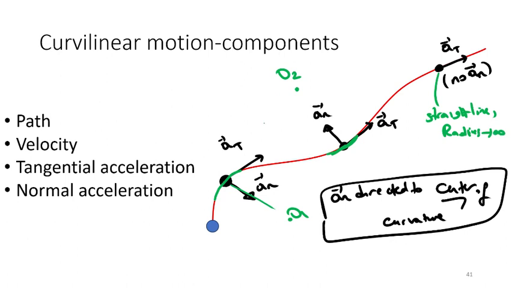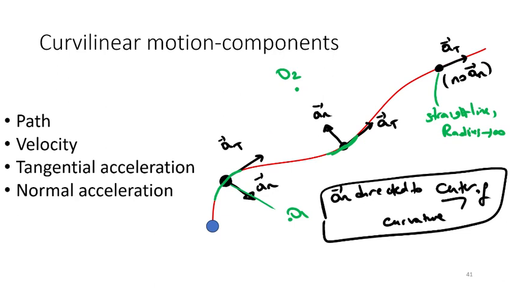So if we summarize things before solving the problem, the normal acceleration is what keeps the body in a curved path, and the tangential acceleration is just like the acceleration that we know on the road.